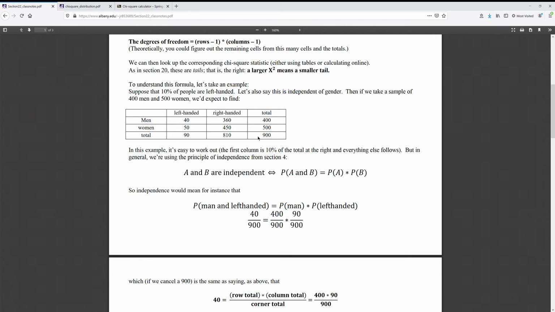If you look at 900 people, 400 of which are men and 500 of which are women, and if handedness is independent of sex, and if your sample landed dead center, the ideal, then this is the table you would expect to get. Of course, you may not necessarily get whole numbers here, and as in section 20, that's okay. You use what you use. Don't round them for the sake of rounding them. If they have to be something other than whole numbers, then it doesn't really matter. It's just an ideal to work with.